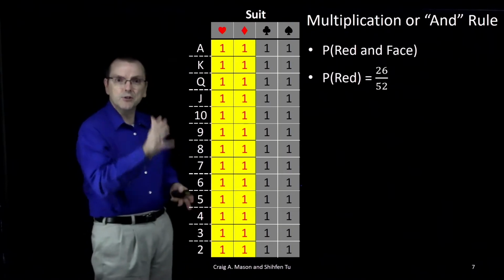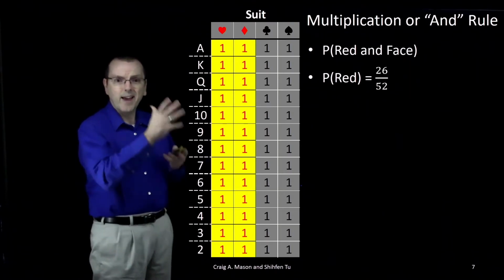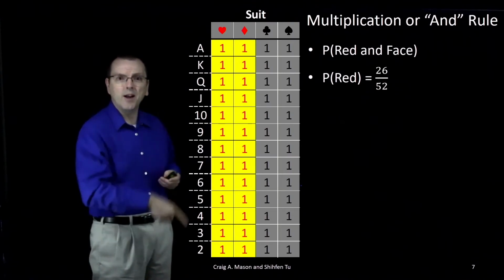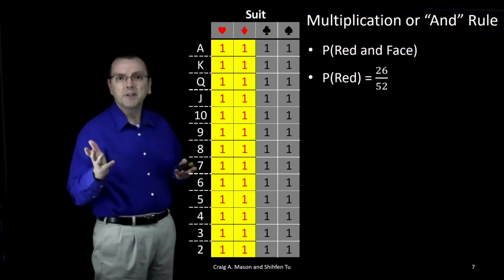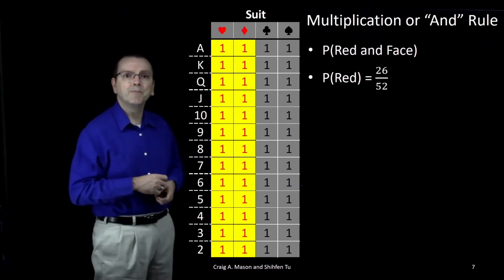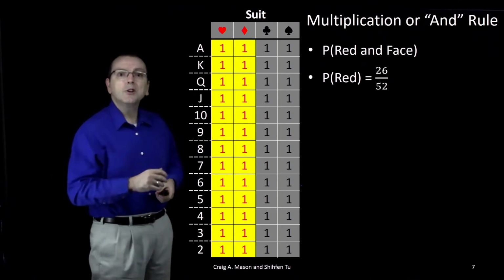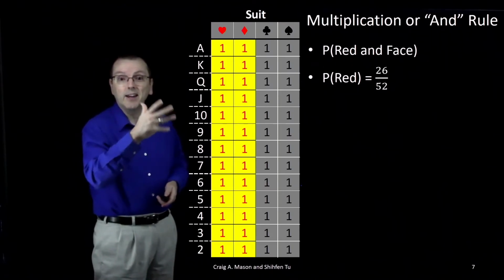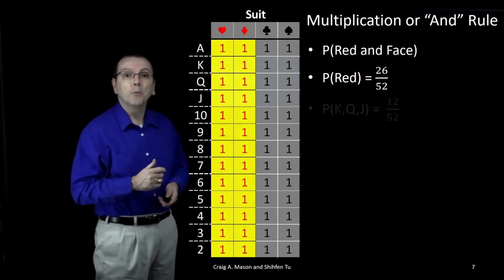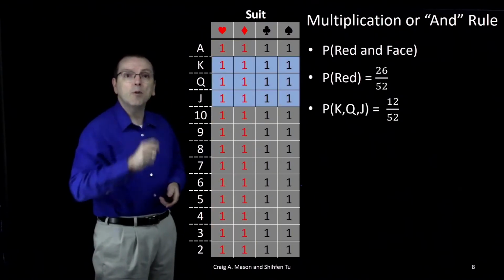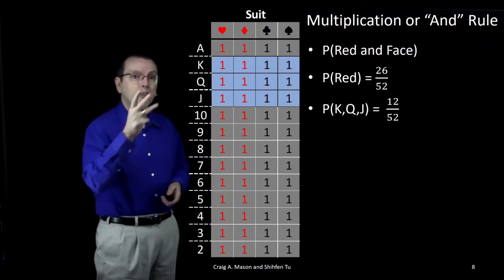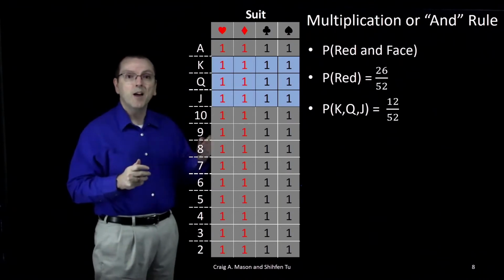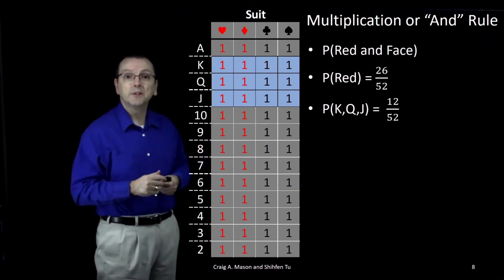There's 52 total cards in the deck. Half the deck is red, all of these highlighted cards. That's 26 over 52. Then we need to know the probability of the card being a face card. Again, a king, queen, or jack. Well, that's 12 over 52, right? There are 3 face cards and they appear in all 4 of the suits.